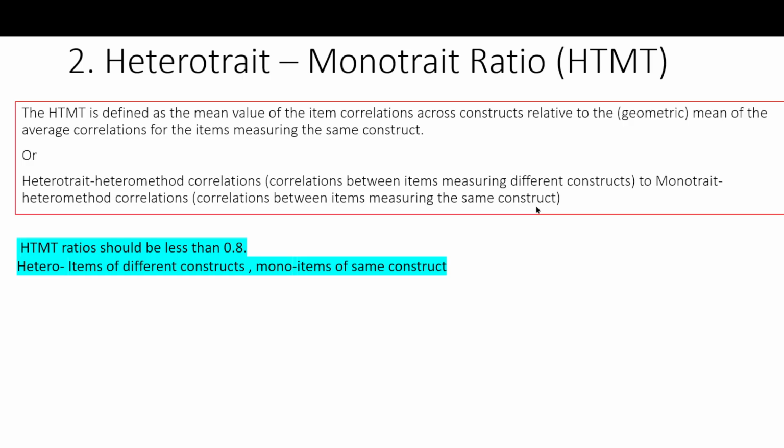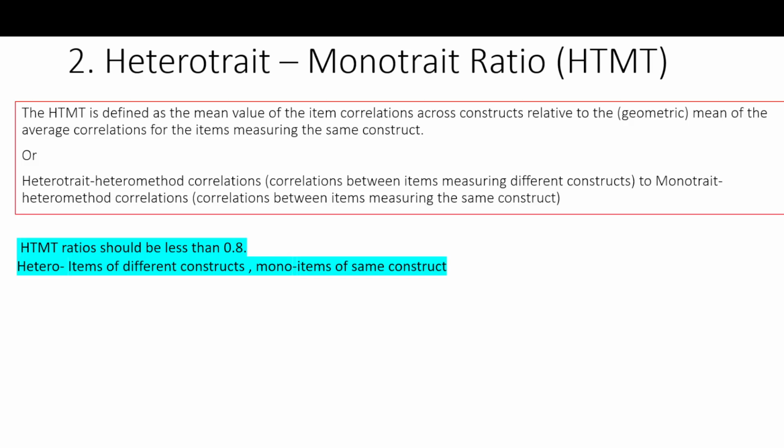So this concept will be used to execute this HTMT ratio. The HTMT ratio should be less than 0.8. We use the term hetero for items of different constructs, and mono for items of the same construct.